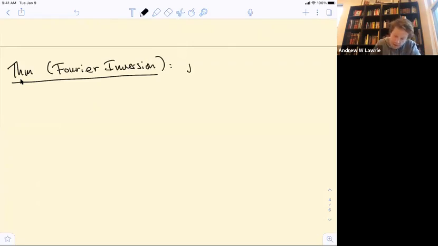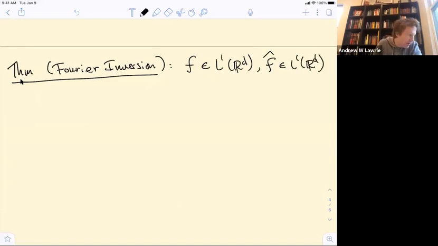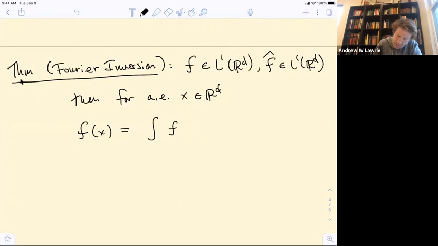For inversion, if f is in L1, and its Fourier transform is in L1, then for almost every x in R^d, so this formula holds almost everywhere, f of x is equal to the integral of f hat of xi e to the 2 pi i x dot xi d xi. So you can recover the function back from its Fourier transform.